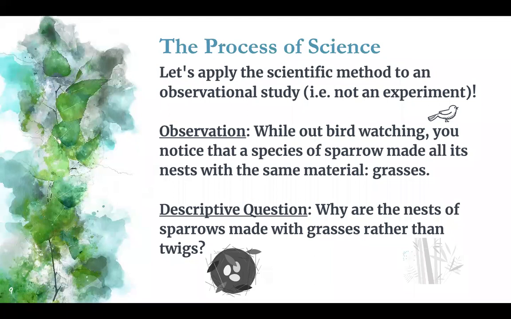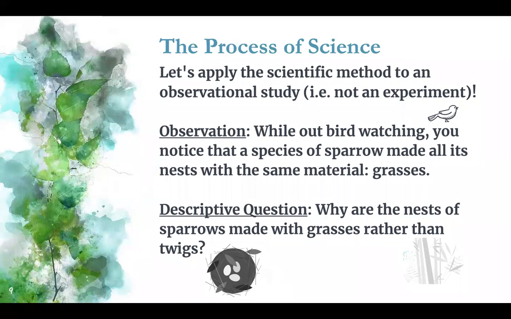Right? A lot of times we think of bird nests, a bunch of twigs put together, maybe some grass, but it's got to have sticks in it, right? Make it strong. Well, I'm out walking around. I notice all these nests are made of grass. And so my question is, why are the nests made with grass rather than twigs?